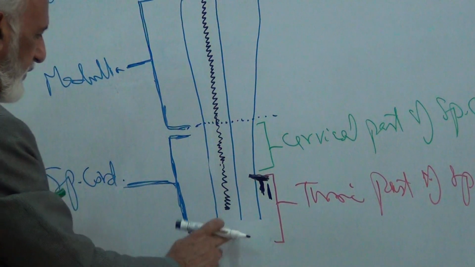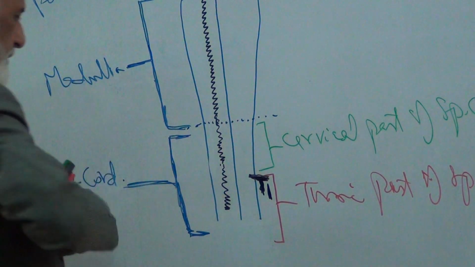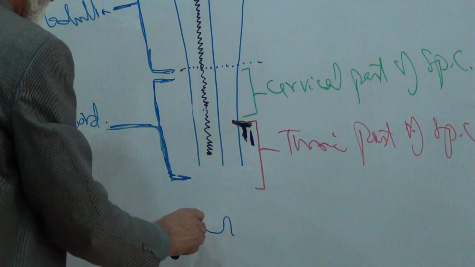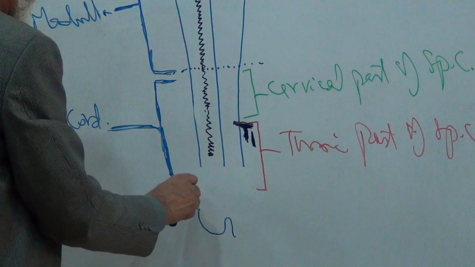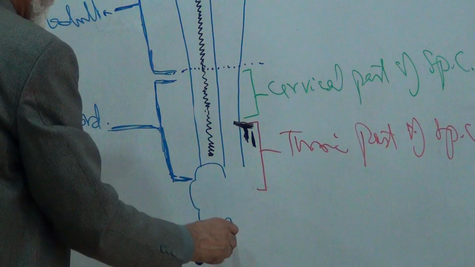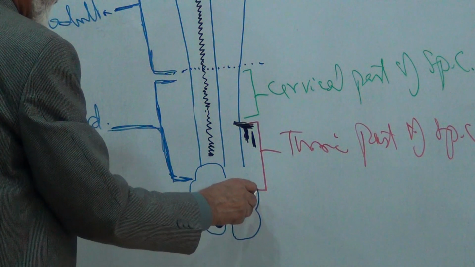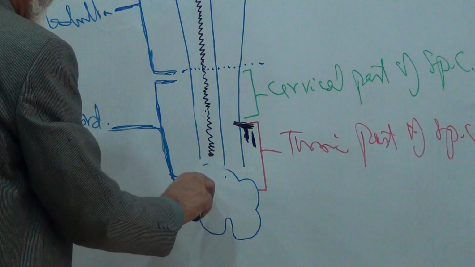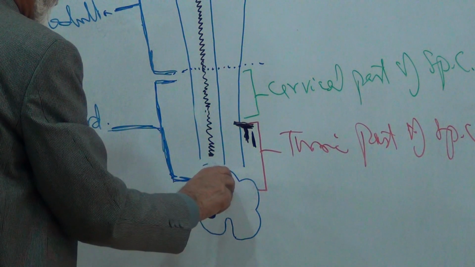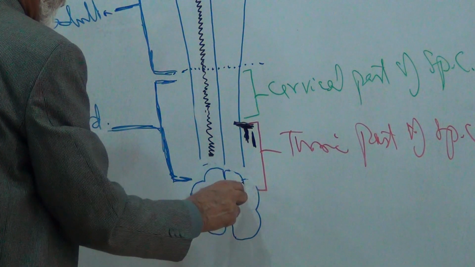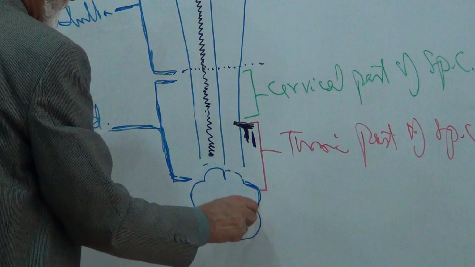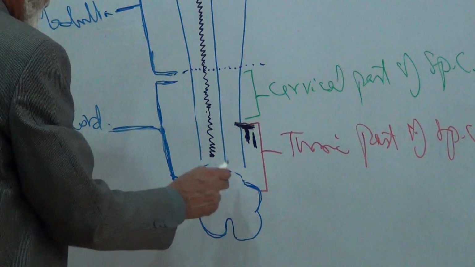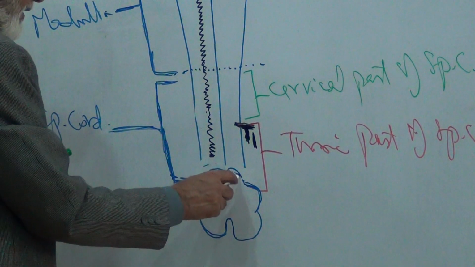Now here if we cut a section through the spinal cord, this is the anterior median fissure, anterolateral sulcus, posterolateral sulcus. A section through the T1 segment of the spinal cord.